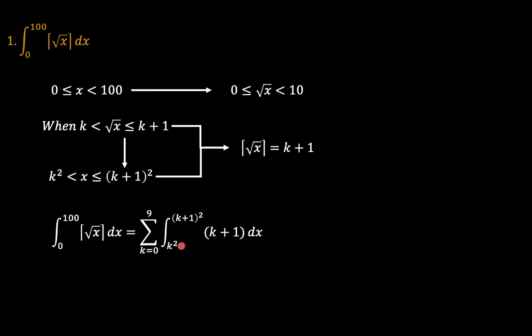That's the range within which x lies, and within that range, the ceiling function of the square root of x is k plus 1. So we can now pull this k plus 1 out of the integration sign because it's a constant, and we are basically integrating 1 from k squared to (k plus 1) squared.